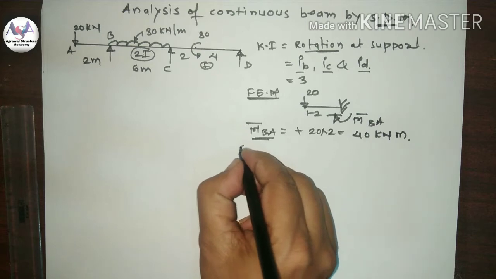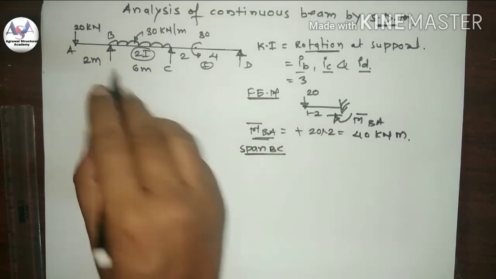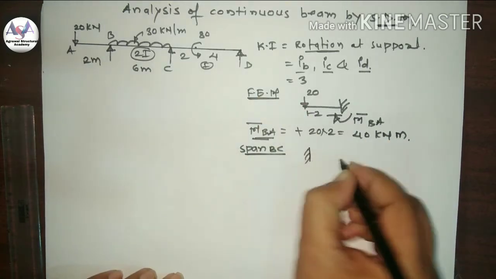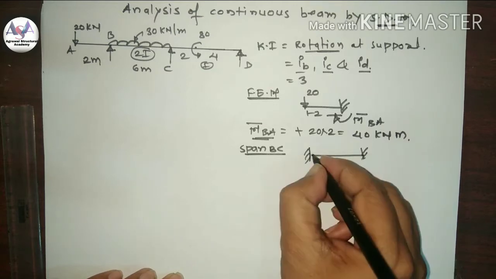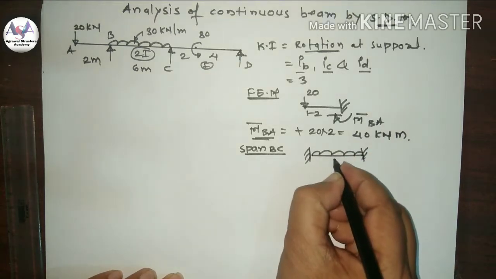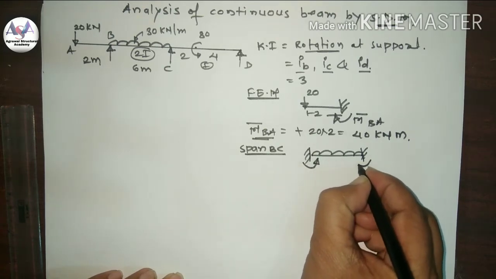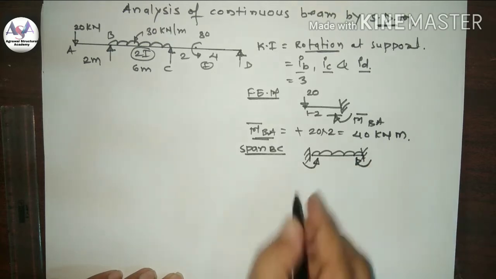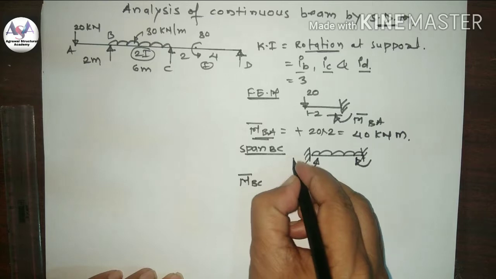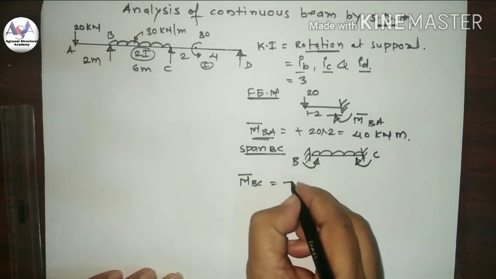Then span BC, having two supports, both supports clamped. We know this is sagging, so both fixed moments are hogging in nature. Now check M bar BC, suppose this is B and this is C. So M bar BC is anti-clockwise, so minus.